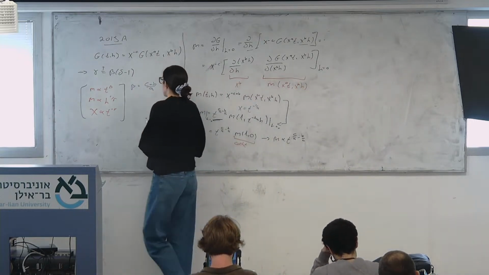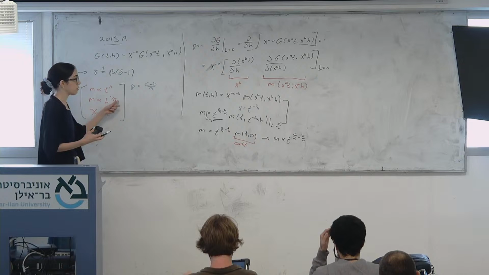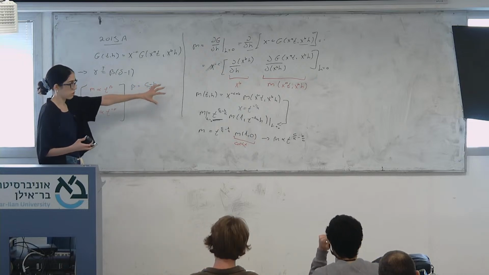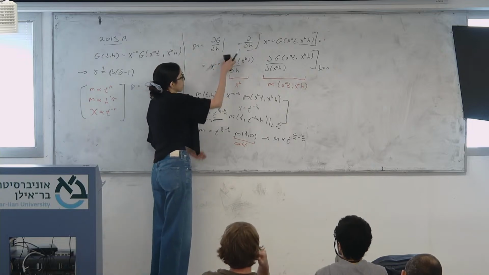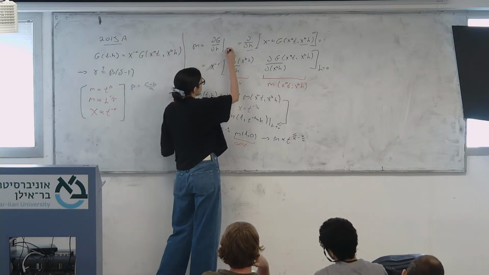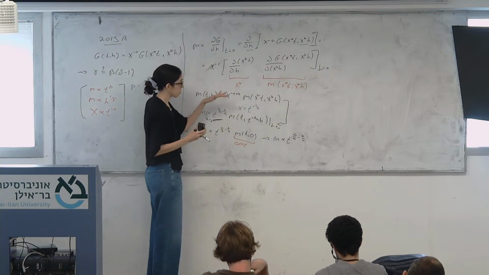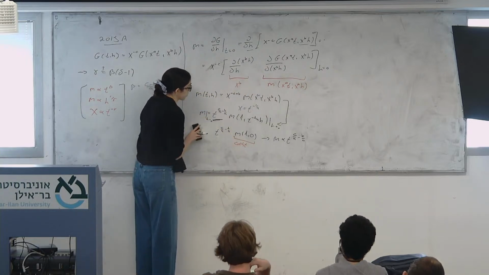Okay, so now we want to find delta, so we don't have to do everything all over again. The only thing that's going to change is that instead of taking h equals 0, we're going to take t equals 0. So I'm only going to erase the last one.